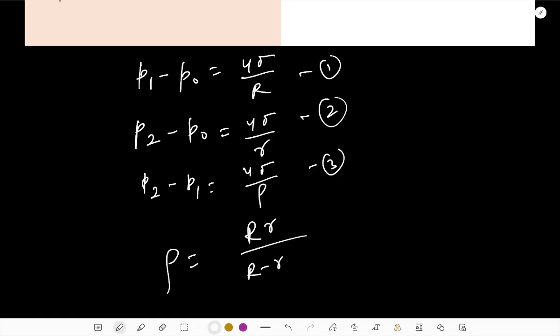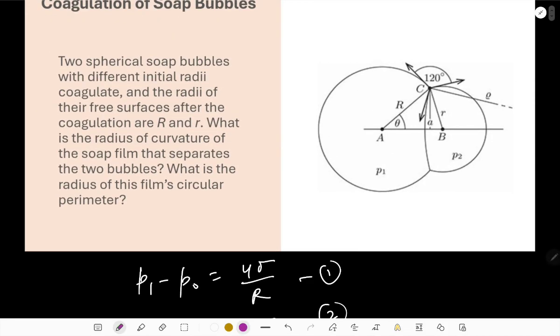And yeah, so the first part is solved. Now we need to solve the second part. To solve the second part, I earlier told you that this angle will be 60 degree and this will be 30 degree, since this arrow is the angle bisector of 120 degree, so it must be the angle bisector of 60 degree as well.